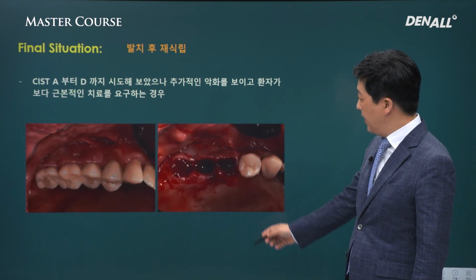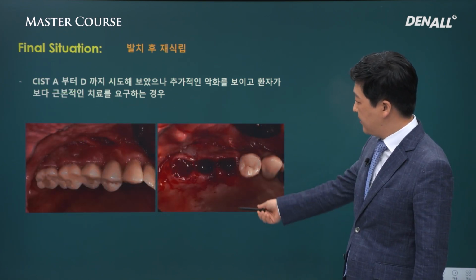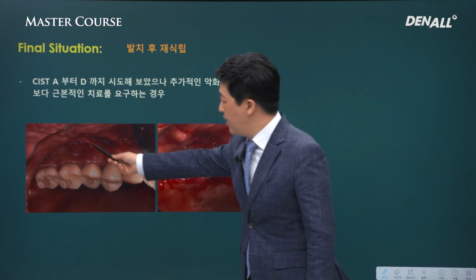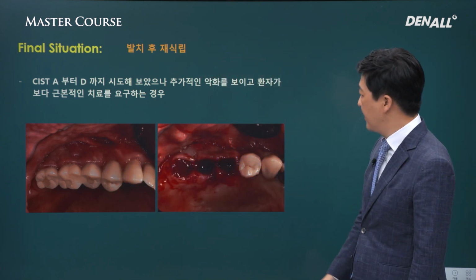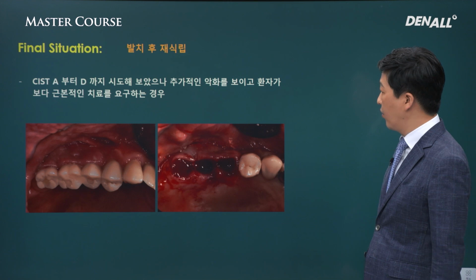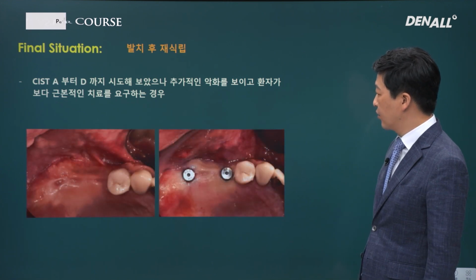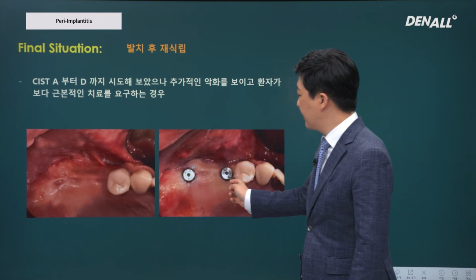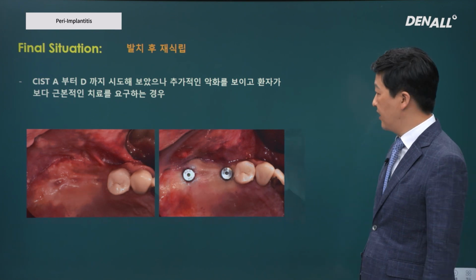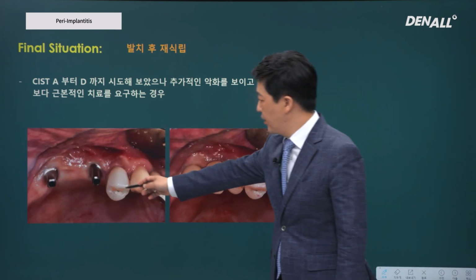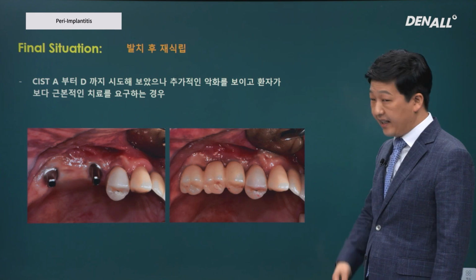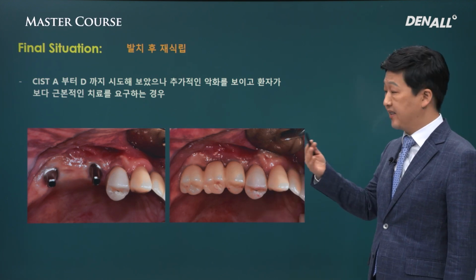If you look at this case, peri-implantitis has advanced significantly and a lot of bone resorption occurred. 3 implants were removed. After a healing period, implants were placed using a guide. The final prosthesis was delivered and the patient is using the implants very well.